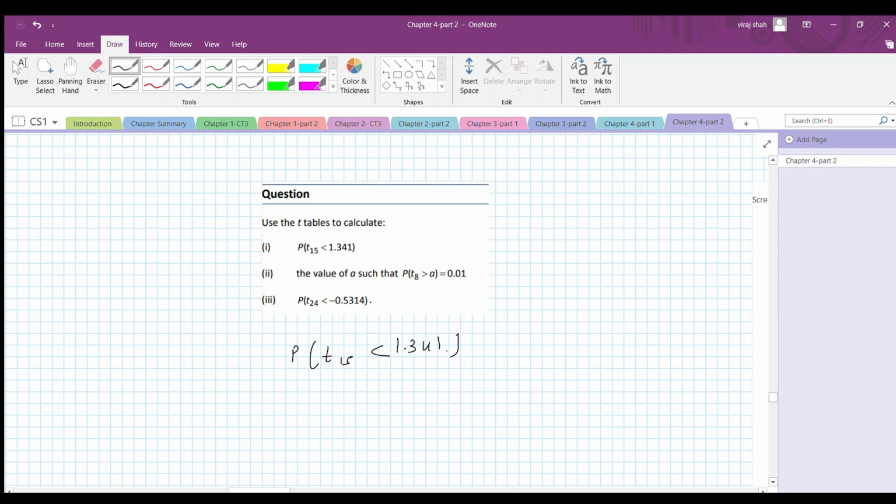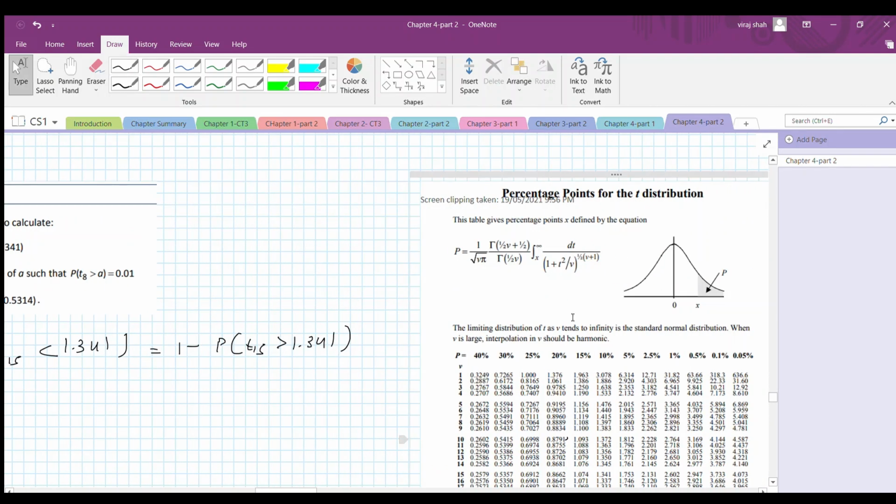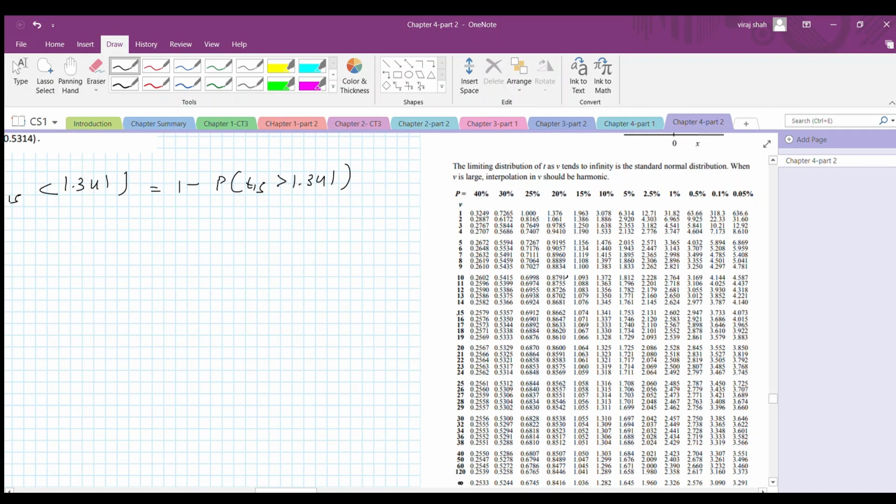As said earlier, I have greater than values, so I will do 1 minus the probability that T15 is greater than 1.341. Okay, let's see our tables. For 15, I want this term 1.341.